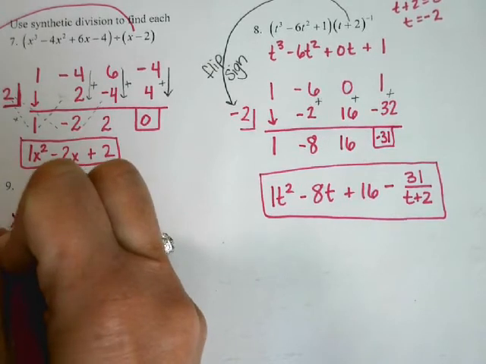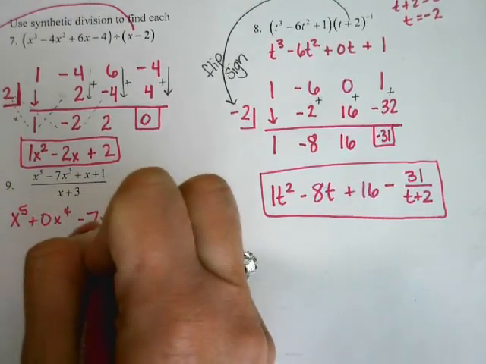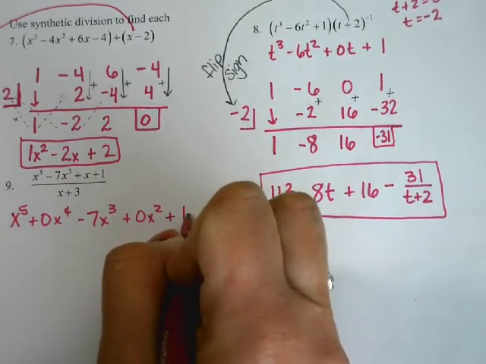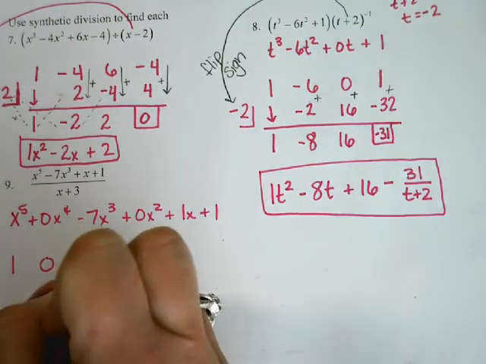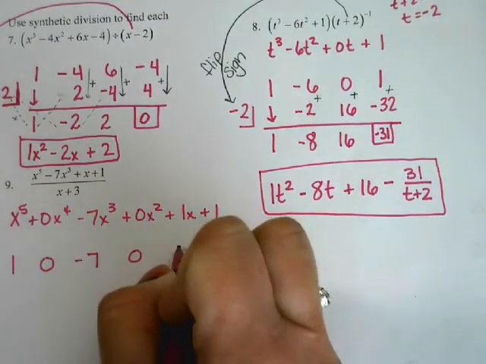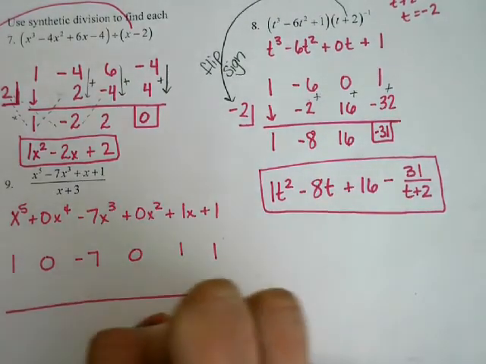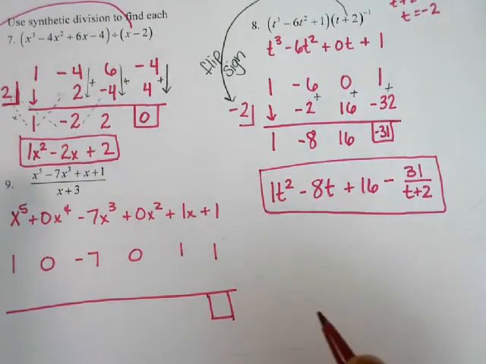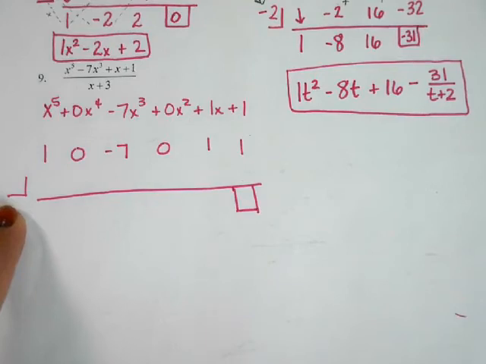So I have x to the 5th plus 0x to the 4th minus 7x cubed plus 0x squared plus 1x plus 1. 1, 0, negative 7, 0, 1, 1. What's going to go in my little box? Negative 3, right?